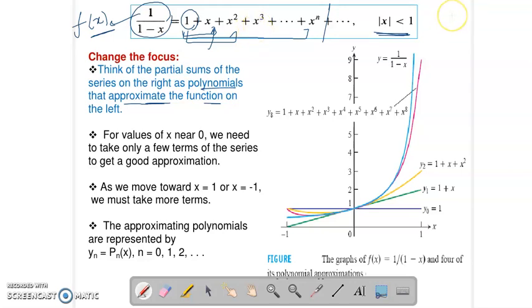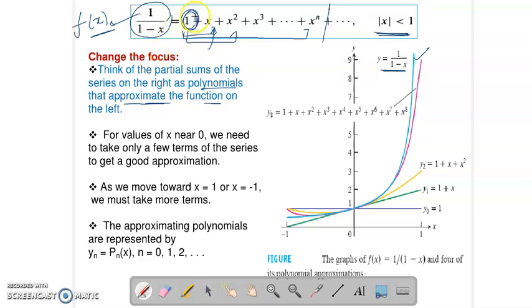So you see f(x) is 1 upon 1 minus x. So this is the graph of f(x), y is equal to 1 upon 1 minus x. Now you see y0, the first partial sum, or you can say the zeroth partial sum here, suppose. So this is 1.